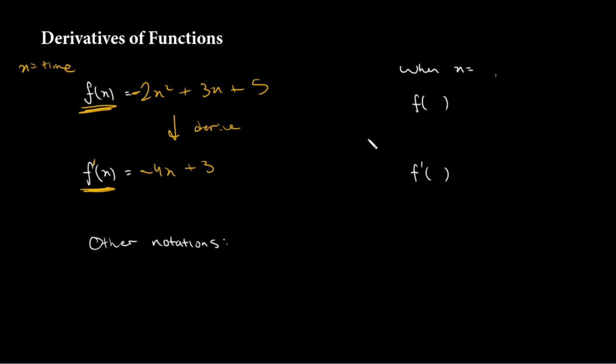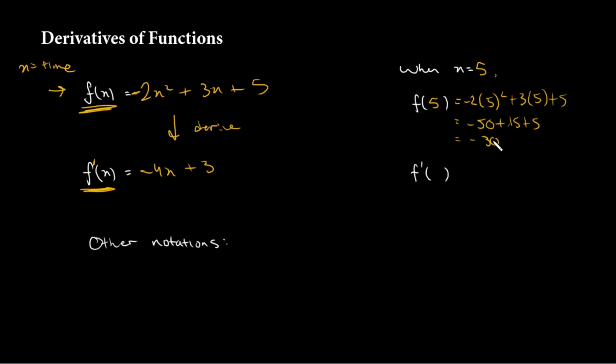So let's use an example here. If x is equal to, say, 5 seconds, after 5 seconds of that projectile going, where is the position of that projectile? If we plug in 5 to this f(x), to this function, we would get the position of the projectile, minus 30, wherever that's relative to.